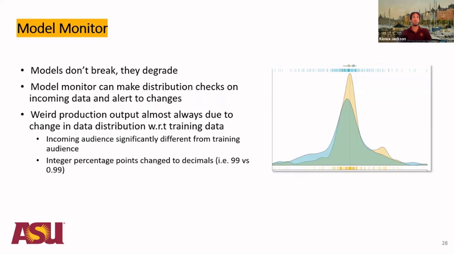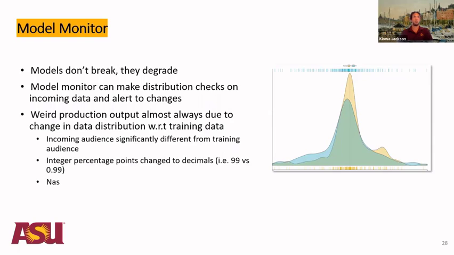If we're using percentages to evaluate student performance on test scores, all of a sudden it's going to look like all students have scored less than 1% if you make that switch. And again, all that will happen if you put that into a model is that the predictions will start getting skewed, whereas something like Model Monitor will actually catch that something has changed.